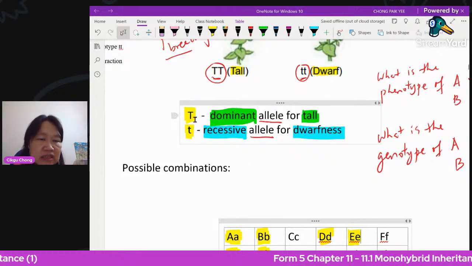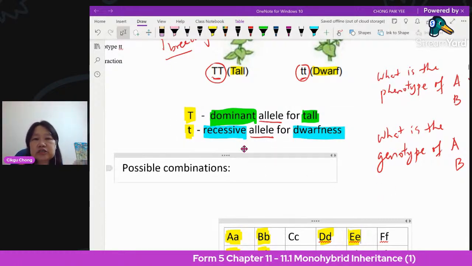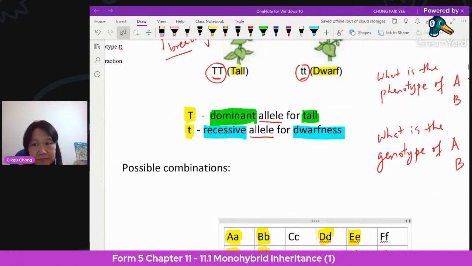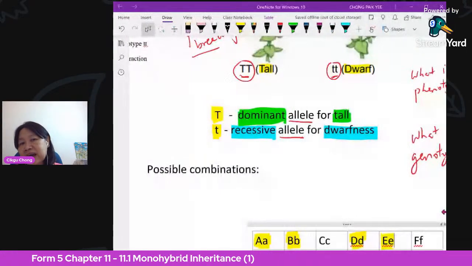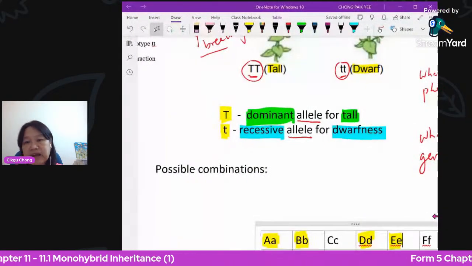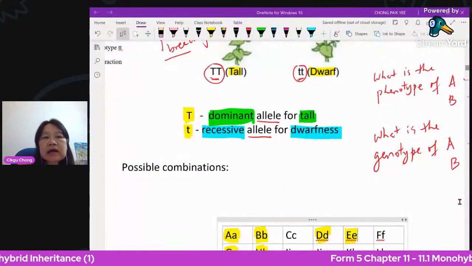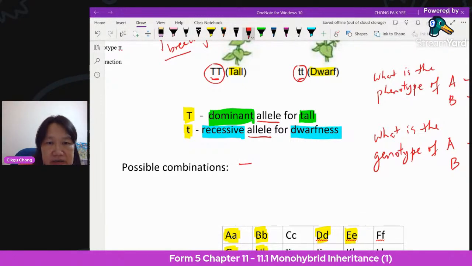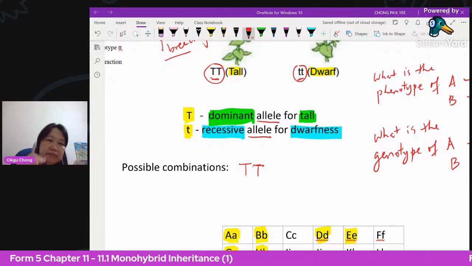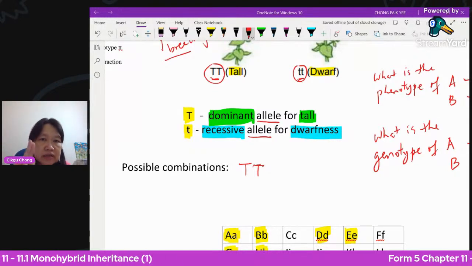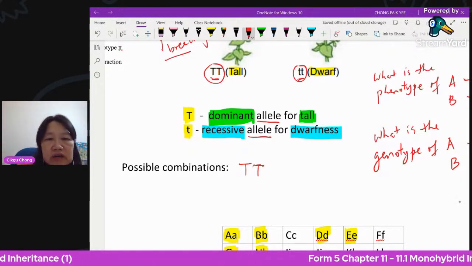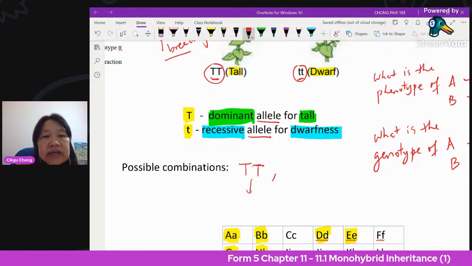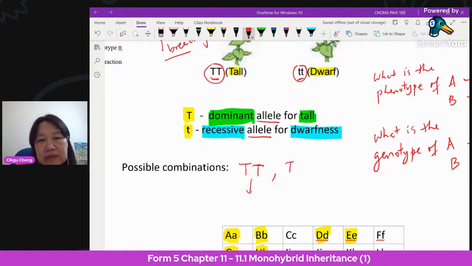So tell me the possible combinations that you have. Take the T's here and make the possible combinations for them. I'll give you an example. What kind of organisms can I produce with this kind of genes? For example, I can have capital T, capital T. That means two copies of the dominant allele. Or it can also be one capital T, one dominant allele, and one small t, one recessive allele.